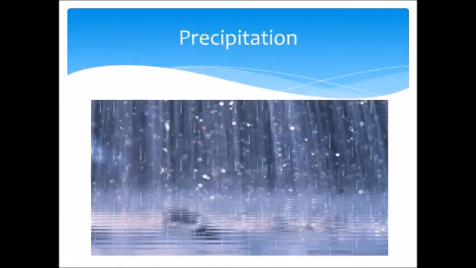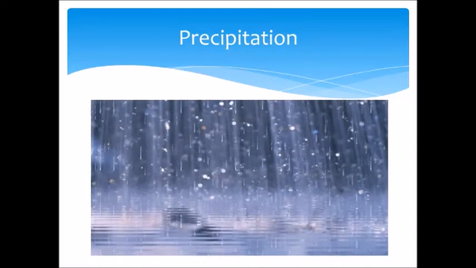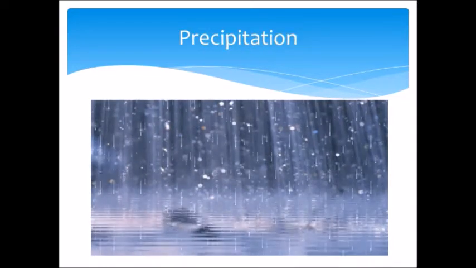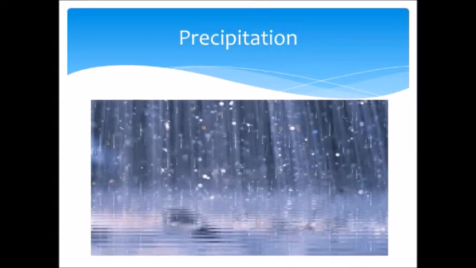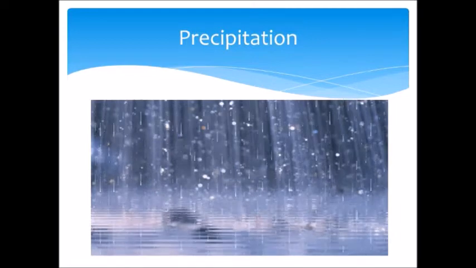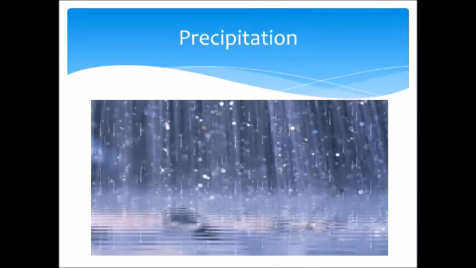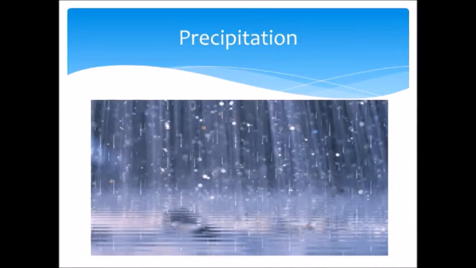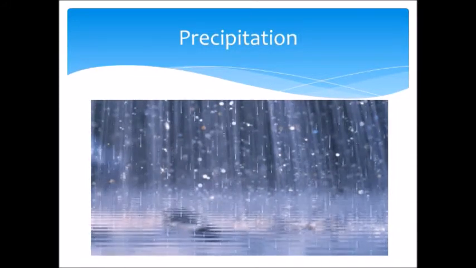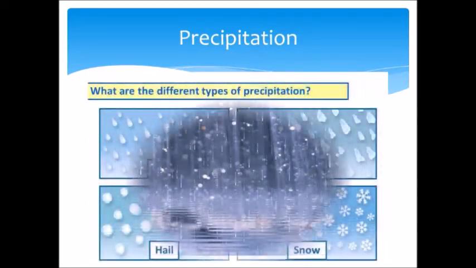Precipitation occurs when too many water droplets form in the cloud. The cloud gets heavy and the water droplets fall. Water falls from the sky in the form of rain, snow, or hail. This process is called precipitation. Precipitation is a vital component of how water moves through the water cycle, connecting the ocean, land, and atmosphere.